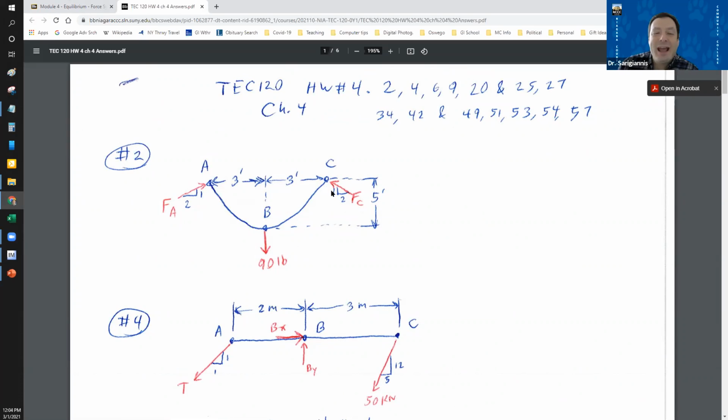Someone handed in a paper with no arrows for the forces. It's completely useless. It doesn't tell you anything about which direction your forces are going, especially the applied forces. The applied forces act in a direction. These forces act in a direction, right? Reaction from the surface out to the points.